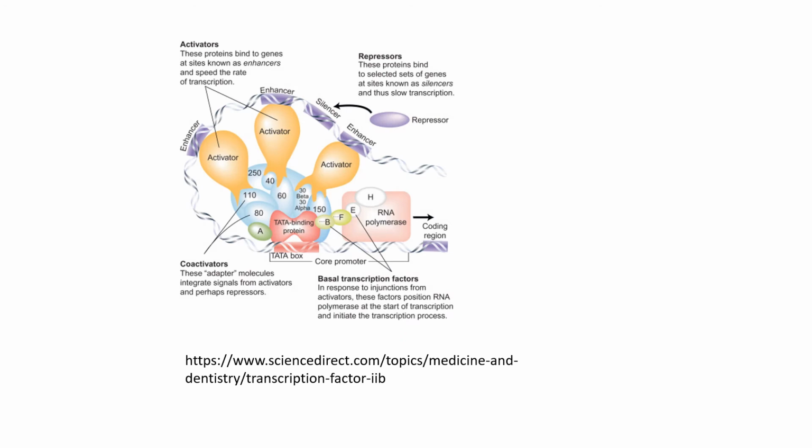This slide shows an even more detailed view of the protein complex of RNA polymerase, a protein enzyme, the multiple activator proteins that hook into regions on the DNA known as enhancer regions, repressor proteins that silence other parts of the DNA, then multiple co-activator proteins that hook into the activator proteins and multiple other transcription factors.